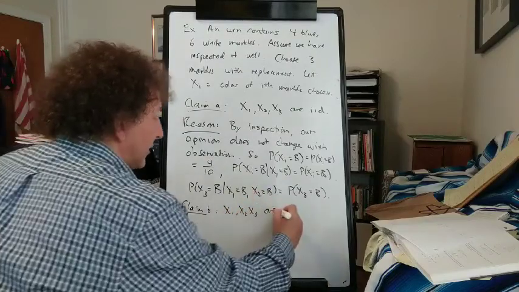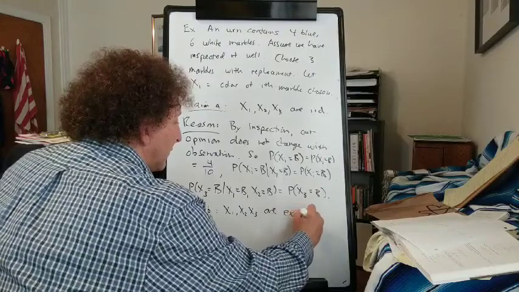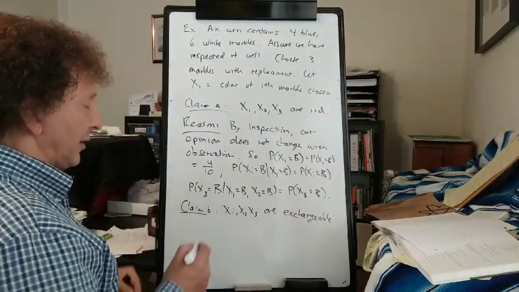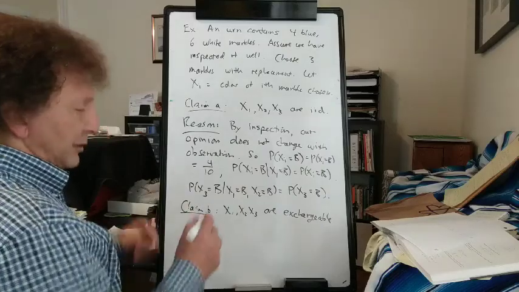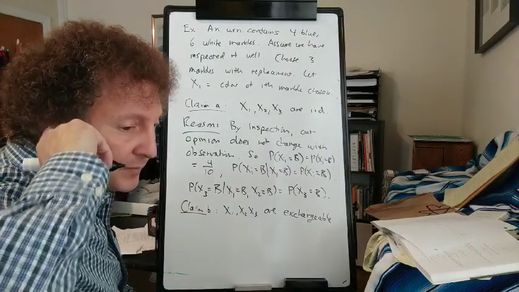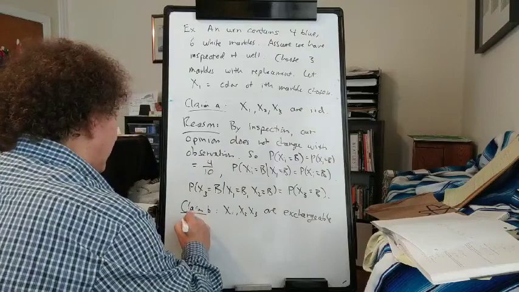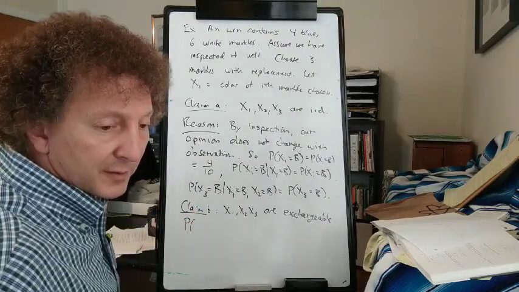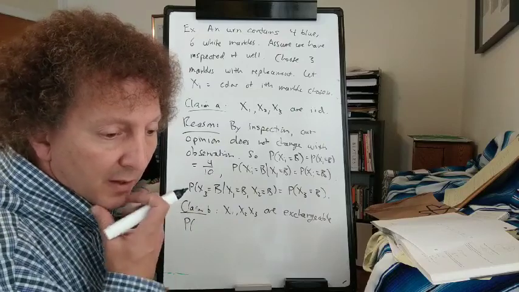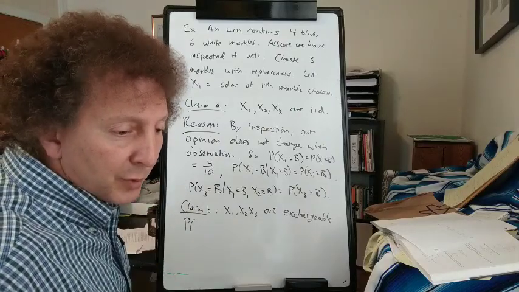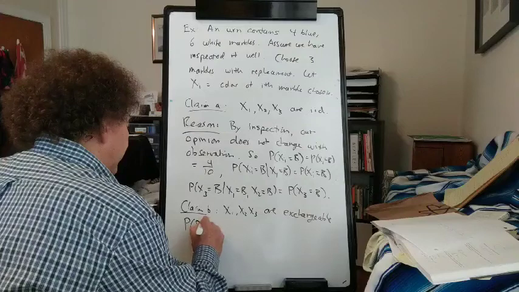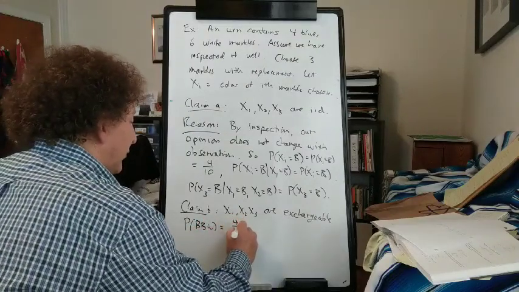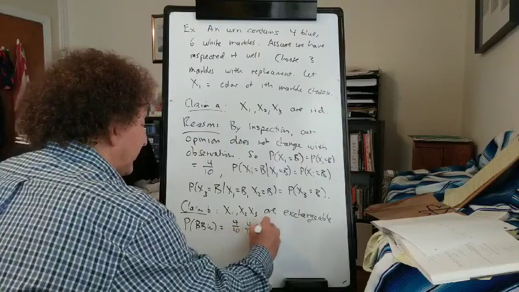Now I claim that these are exchangeable. Well, they have to be exchangeable since they're IID. But let's just look at that exchangeability. So the probability of, let's say, blue, blue, white is 4/10 times 4/10 times 6/10.